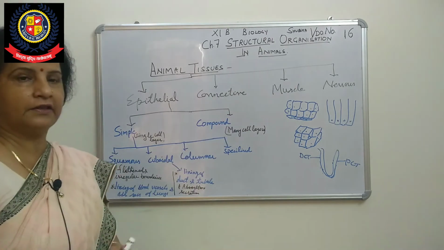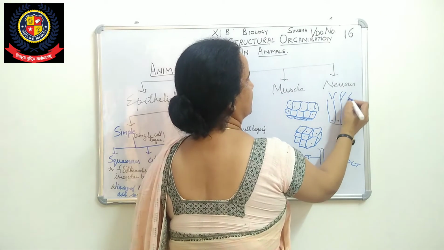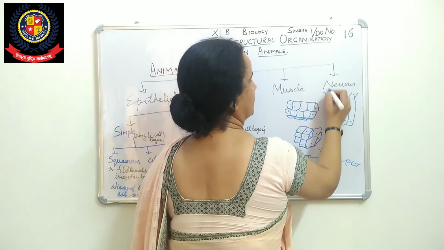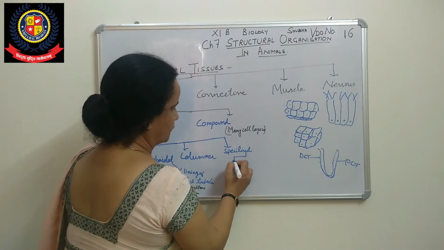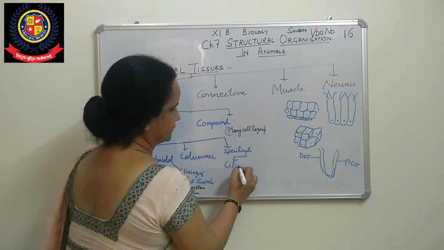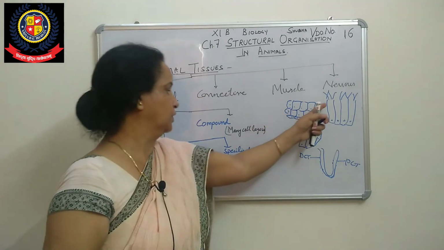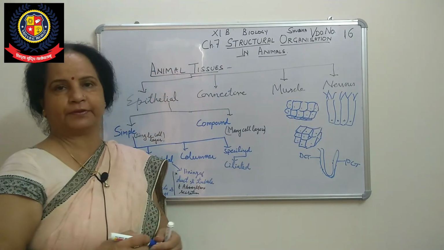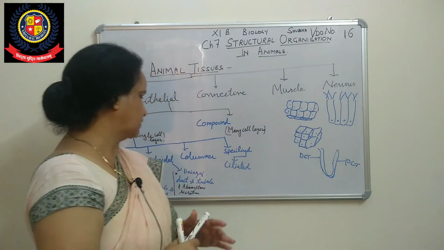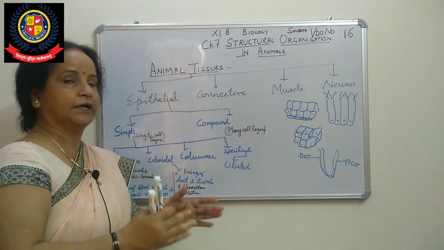Sometimes these have cilia or hair-like structures. When hair-like structures are present in columnar tissue, it is called ciliated epithelium. Again it will be part of the columnar type, in hollow parts of our body such as the alimentary canal.